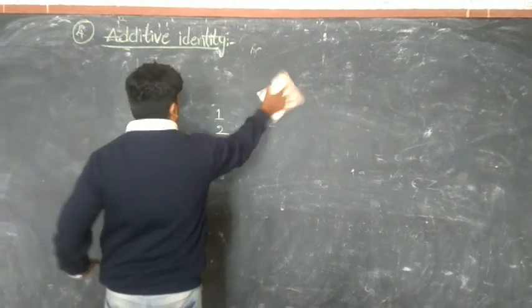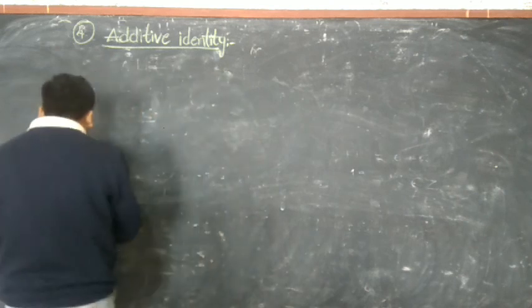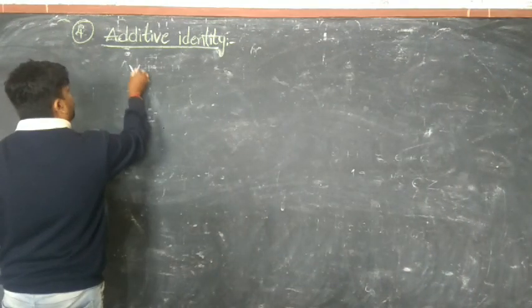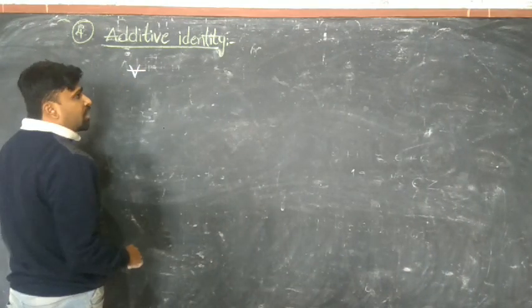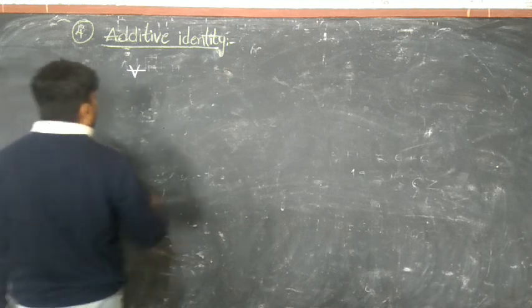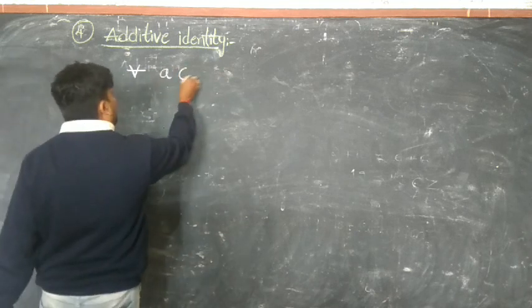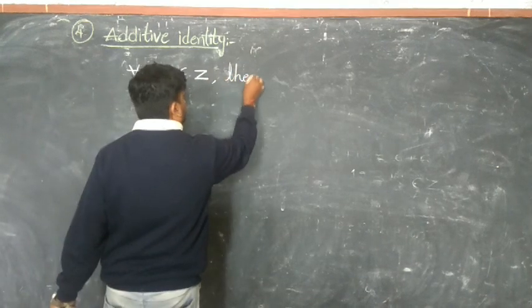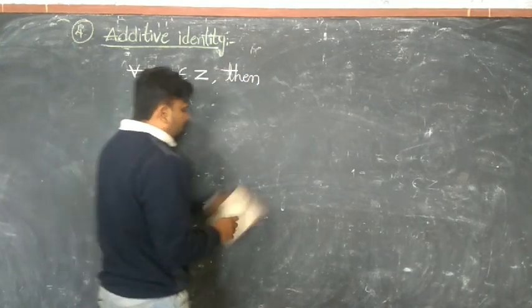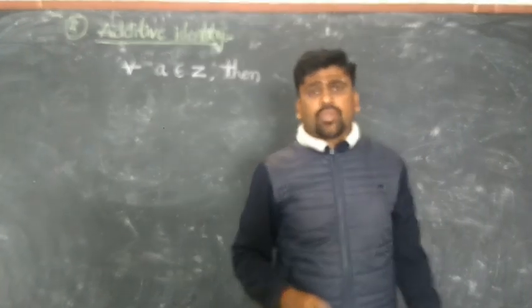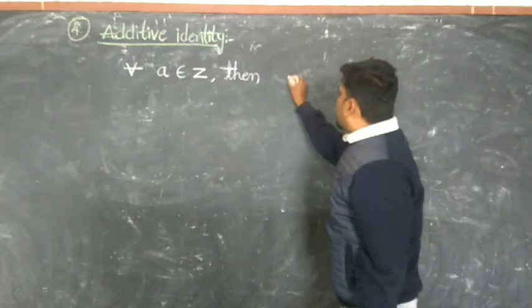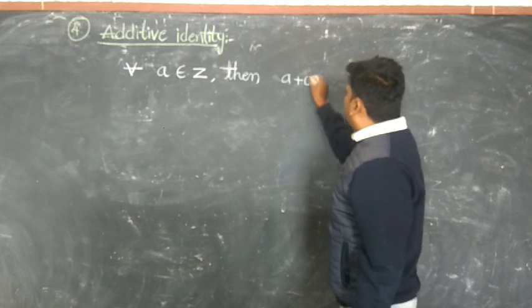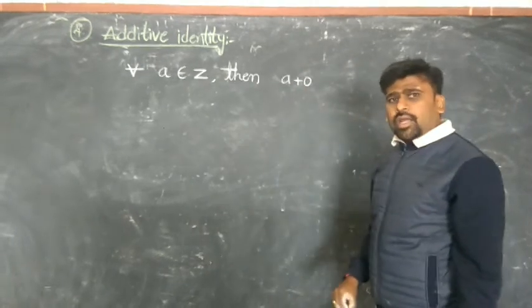See the rule here regarding the additive identity. For all a that belongs to Z, a plus 0. Correct?